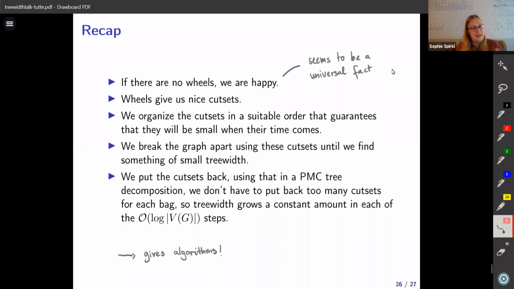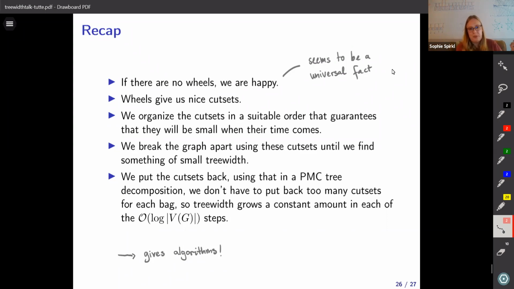So we decomposed a lot, and then we were at the end. Now the wheels are gone, and we have small Treewidth, and now we only needed to pay for putting the rest of the graph back. And for that, the main tool was noticing that for each step when we decomposed, we might have decomposed in a lot of places, but these places don't interfere with each other. They can all be put back in a way that doesn't hurt us, in a way that makes the bags bigger, but in a very controlled way because they each stick out in a different place.